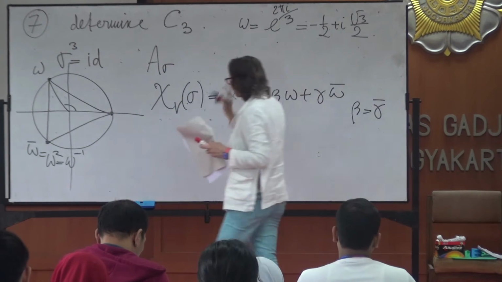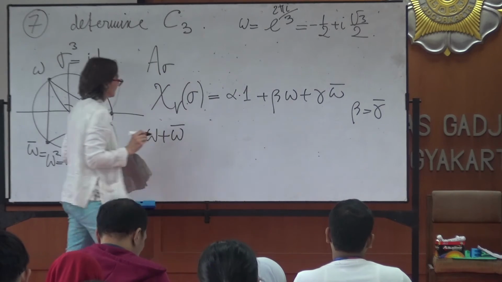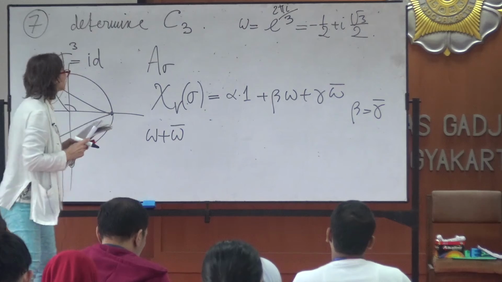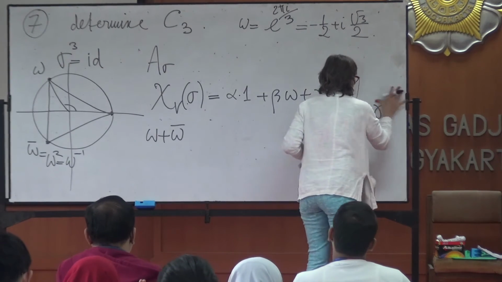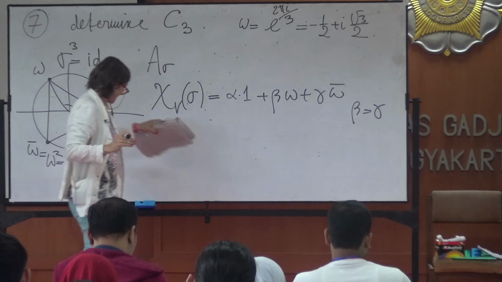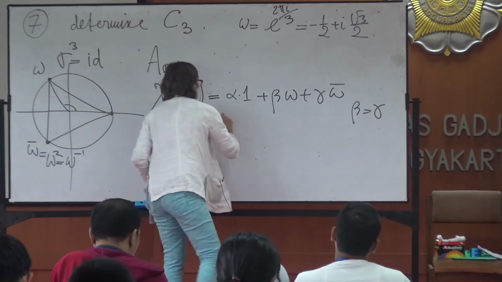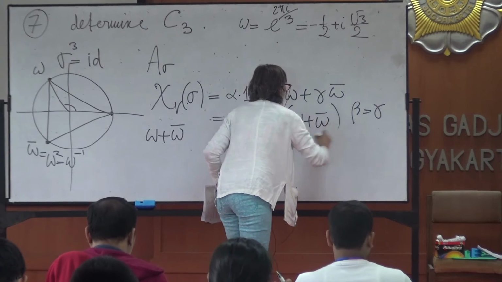So now look, what is it? Omega plus omega bar, what is it? Beta is gamma. Okay, just a slip. So it means that here we get something like alpha 1 plus beta times omega plus omega bar.